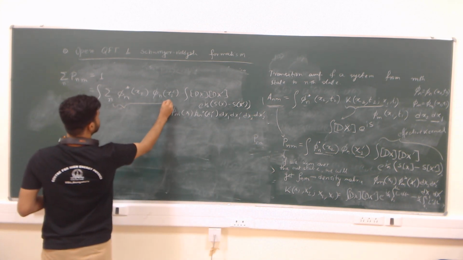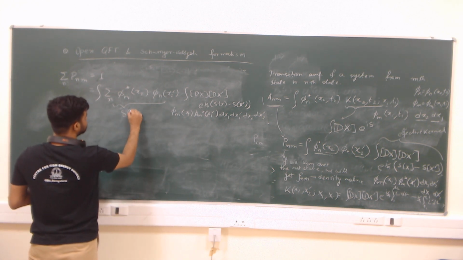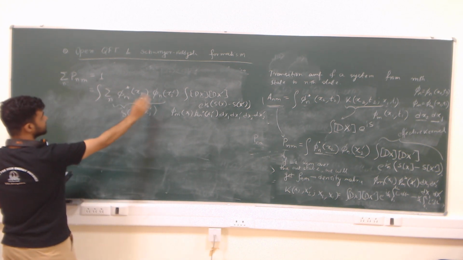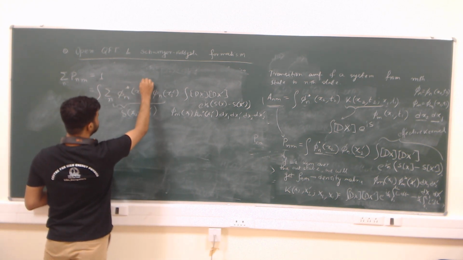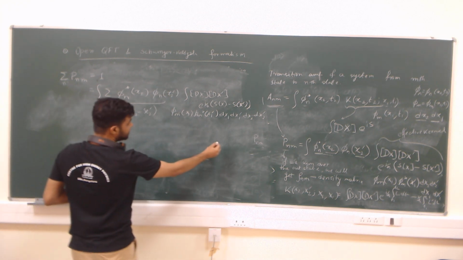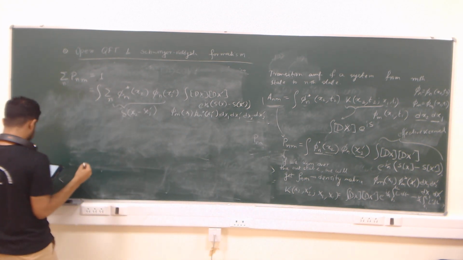This part will give me delta x2 minus x2 prime. This is just by using the field equations at any point. And so one of these will go out, and we can write this as just one thing.